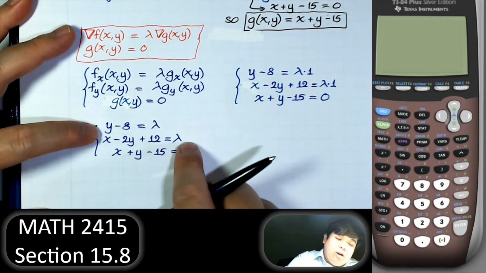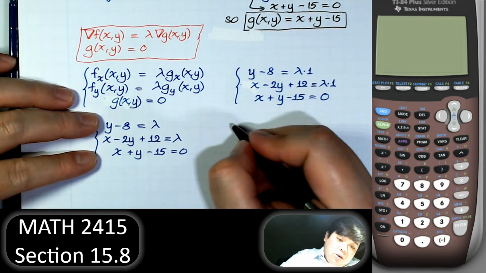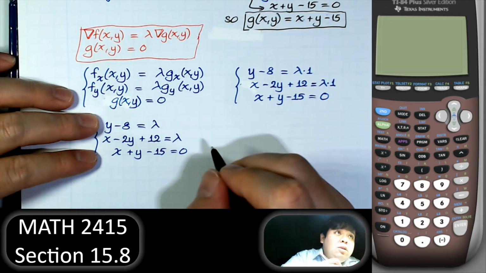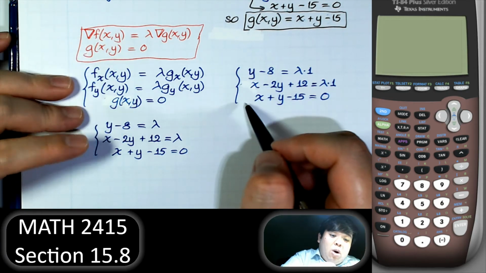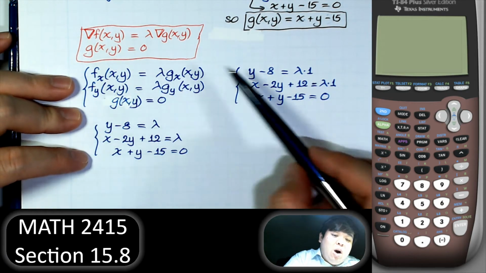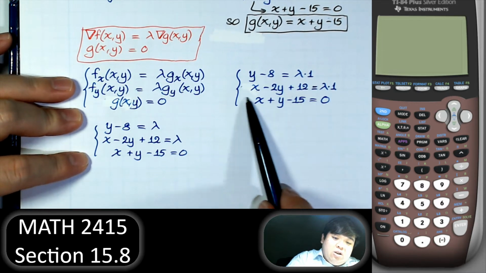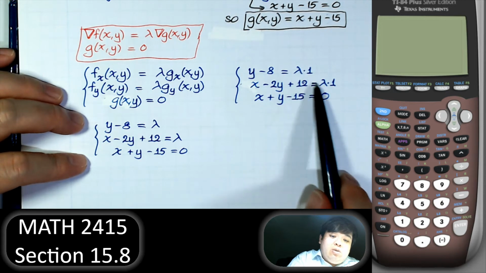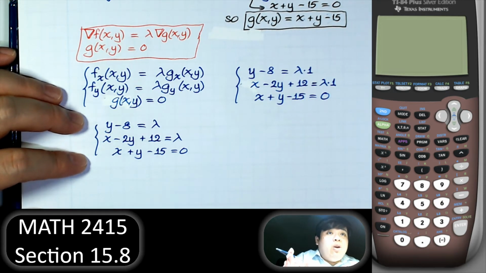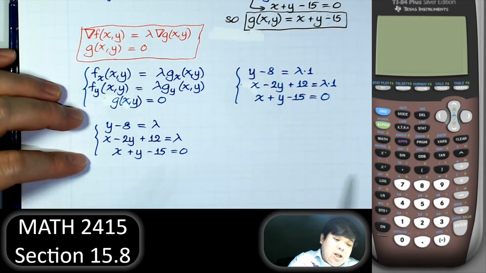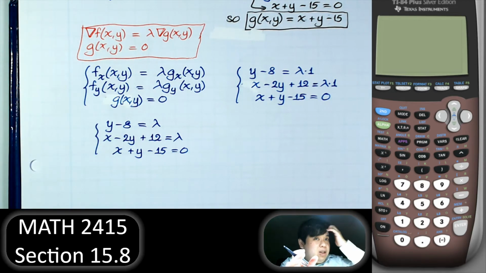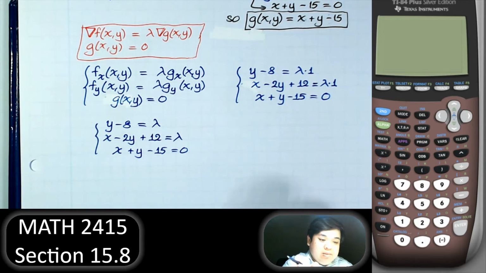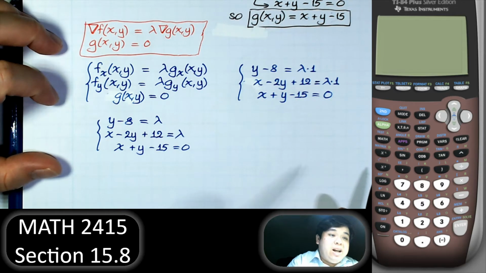The reason we need 3 equations is because we have x and y, so those are 2 equations, and we need the constraint because there are 3 variables here with lambda as well. We don't need to solve for lambda, we just need x and y. So usually if there's a chance, I will eliminate lambda. Things will get easier after that.